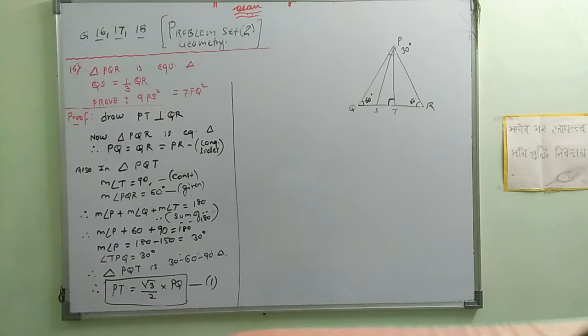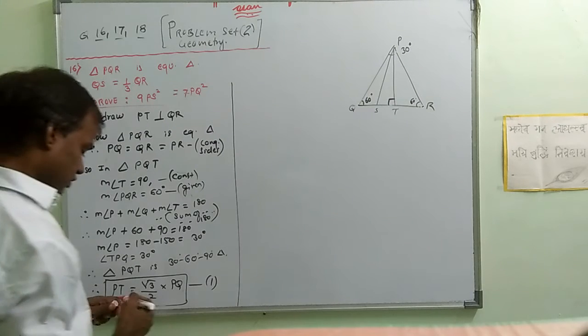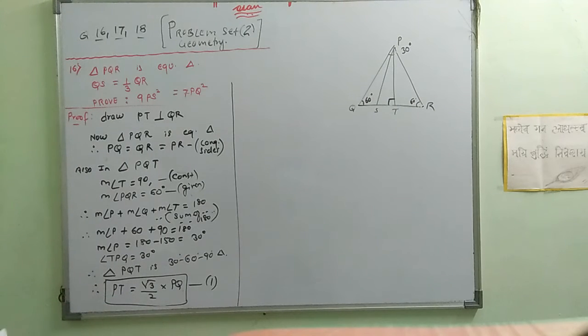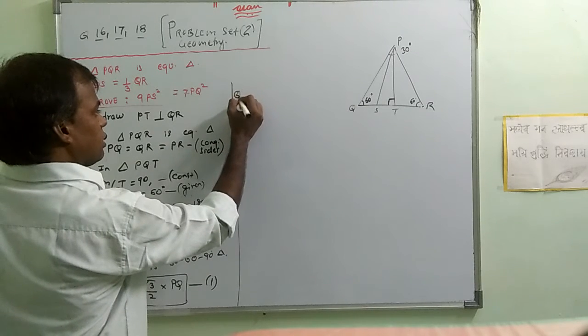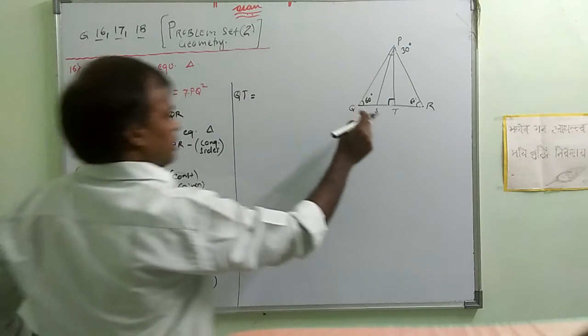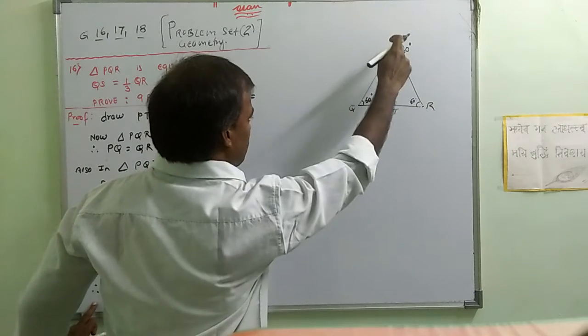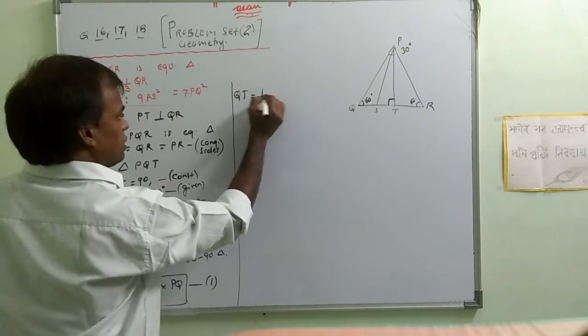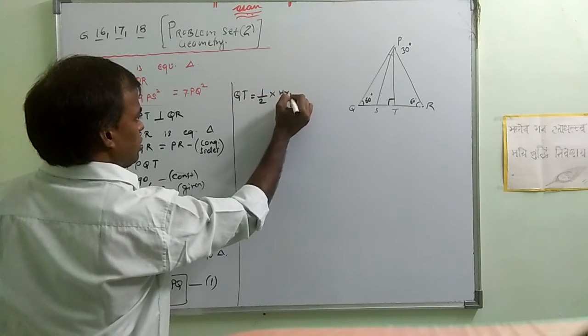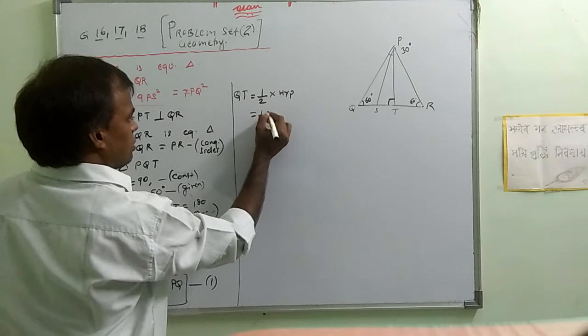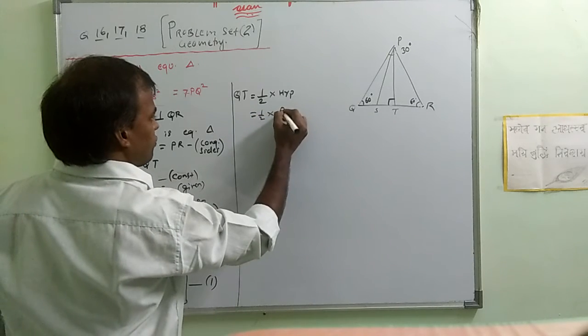Going further, we will get PT equals root 3 upon 2 PQ. Similarly, QT equals half of the hypotenuse, half of PQ.